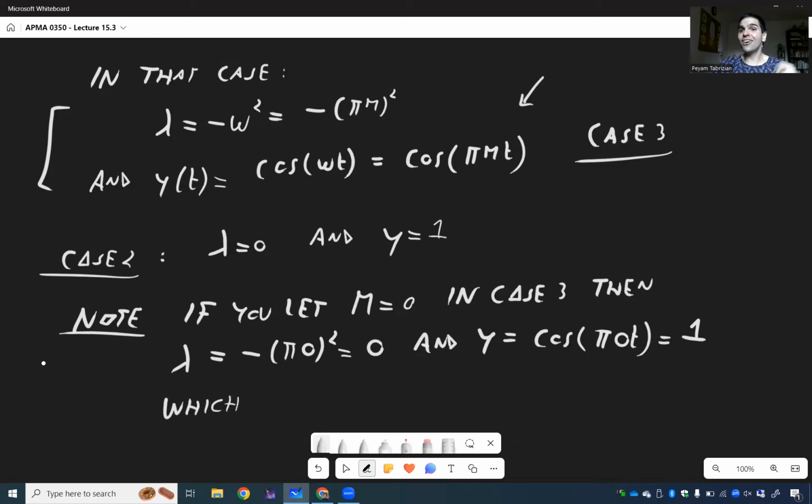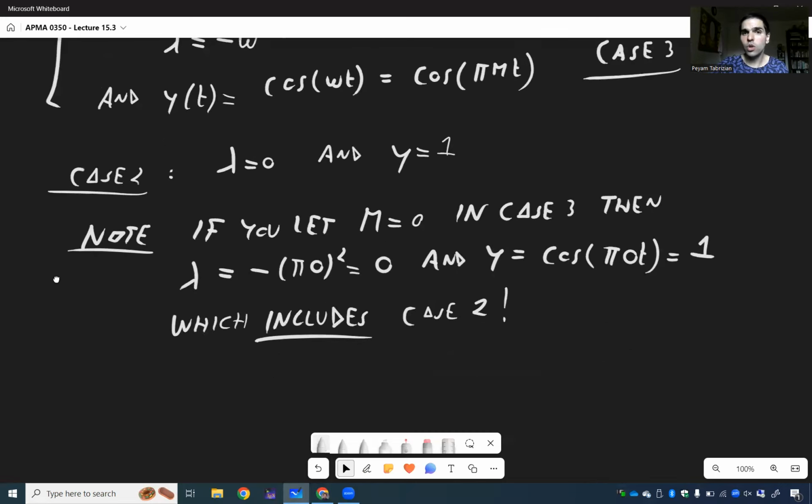I mean, wow, when are things that nice in math? Very rarely, but here we can have nice things. So once again, strictly speaking, case 3 starts with m equals 1. But if you also let m equals 0, this includes case 2.